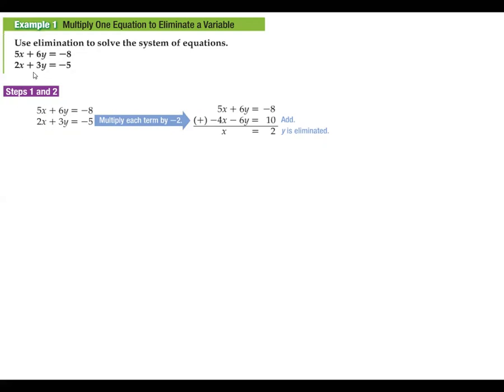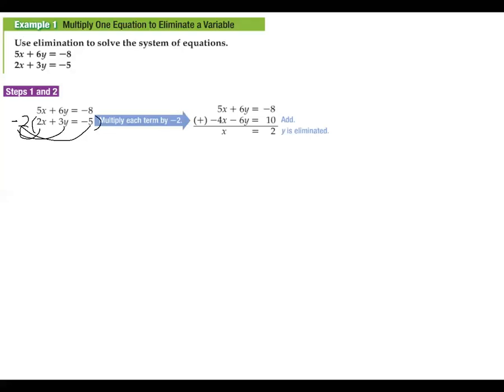If you notice, the 3 and the 6, usually if one coefficient is a multiple of another, that's a very easy thing to fix. So I could get this 3 to be a negative 6 if I multiply this whole equation by negative 2.